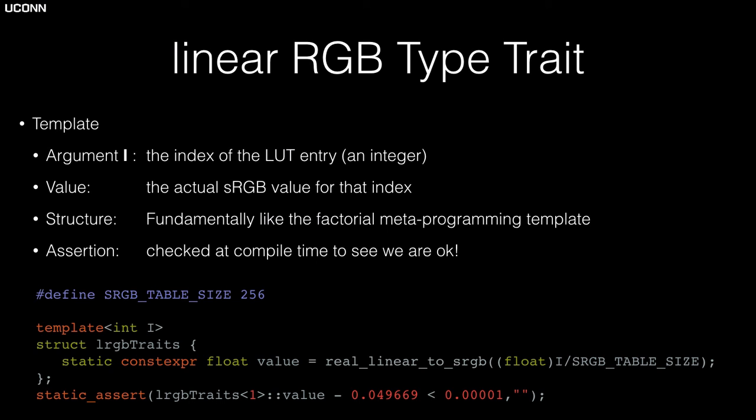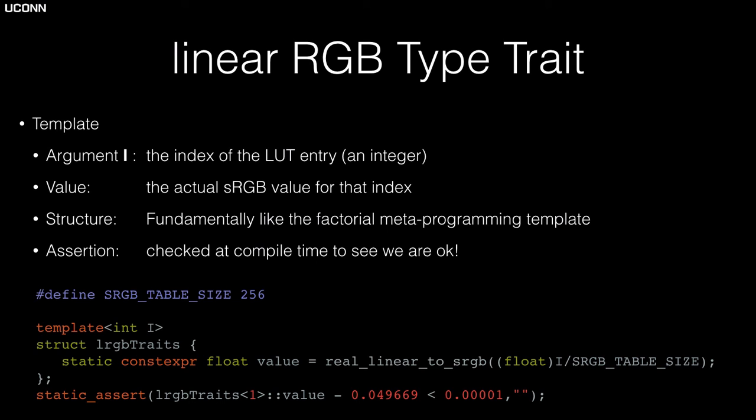Right? So that's the value I want to have. That's the value that will be embedded inside my type. So the argument of the type is the index of the value. The value inside the struct is the actual result of the computation. Now, how do I compute it? Well, I already know how to do that because I have my constexpr function.